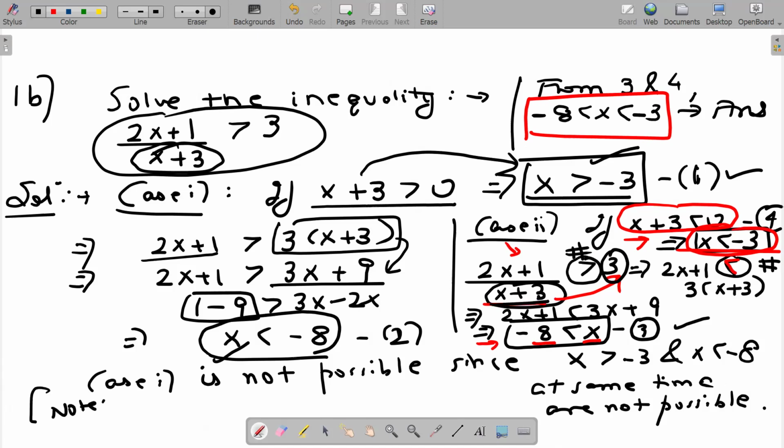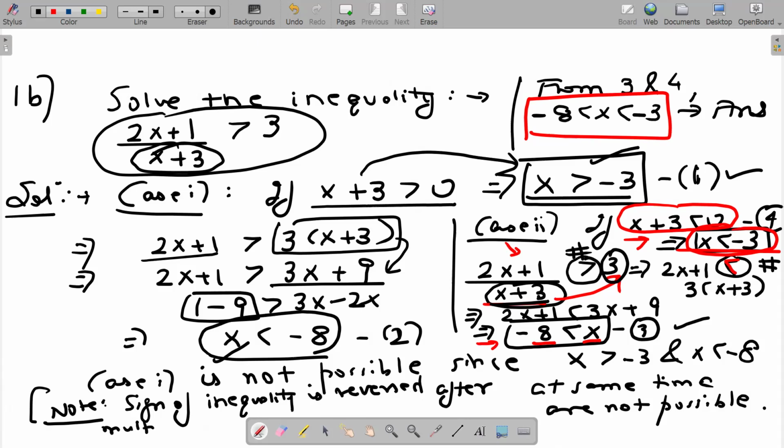So I can write a note that the sign of the inequality is reversed after multiplication by a negative number. And in case 2, x plus 3 was a negative number. See, x plus 3 was less than 0. That is why from greater than it became less than when I multiplied 3 by x plus 3.